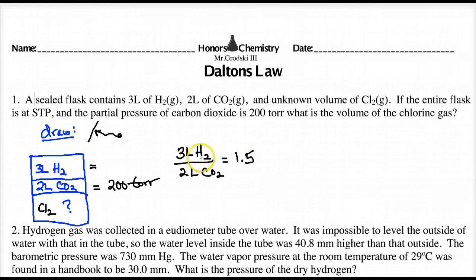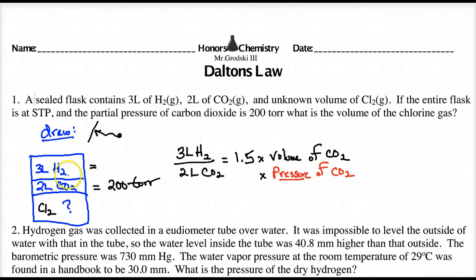So hydrogen has 1.5 times the volume of CO2. So shouldn't it have 1.5 times the pressure of CO2 if they're in the same container?